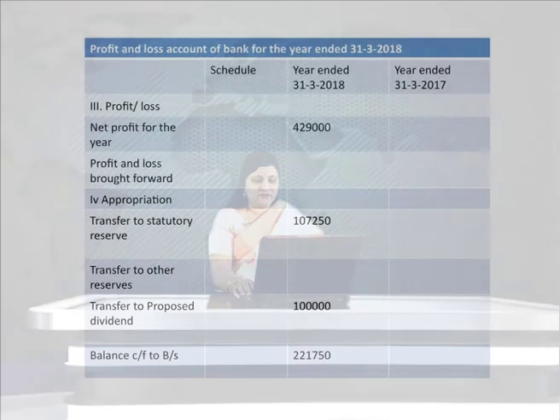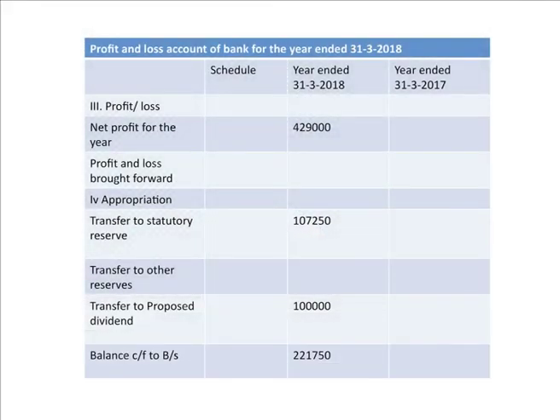Now, statutory reserve is a compulsory reserve which we need to transfer. So, we will make appropriations out of the profits so earned and transfer to the statutory reserve as per the specific percentage, that is 1,07,250. Then we will transfer to the proposed dividend account 1 lakh.